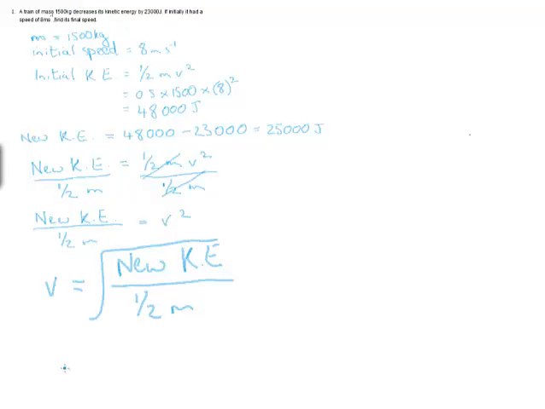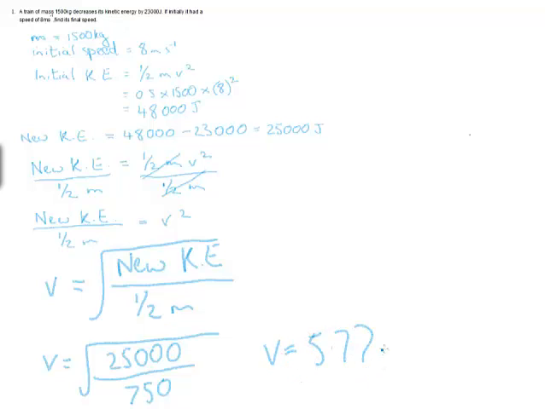Insert our values. V equals the square root of 25,000 divided by 750, which means that V can be found to be 5.77 meters per second.